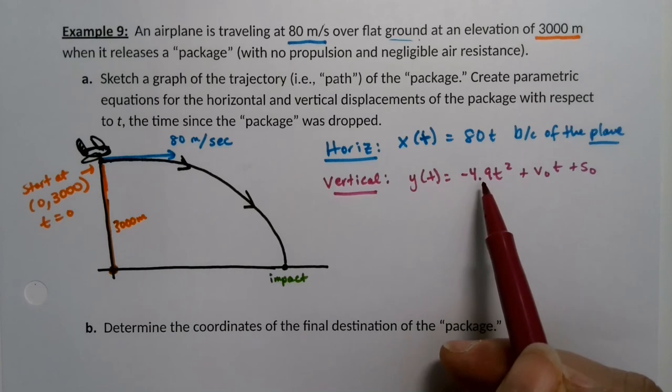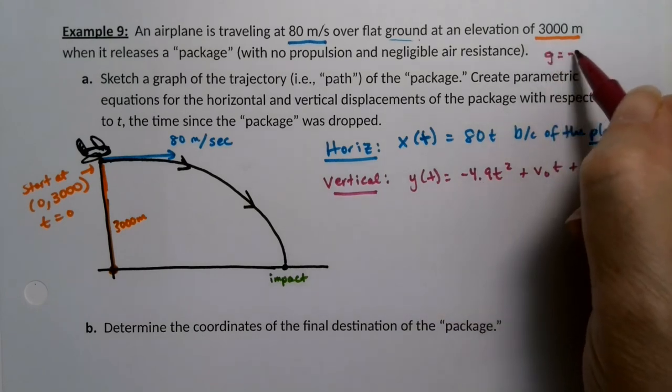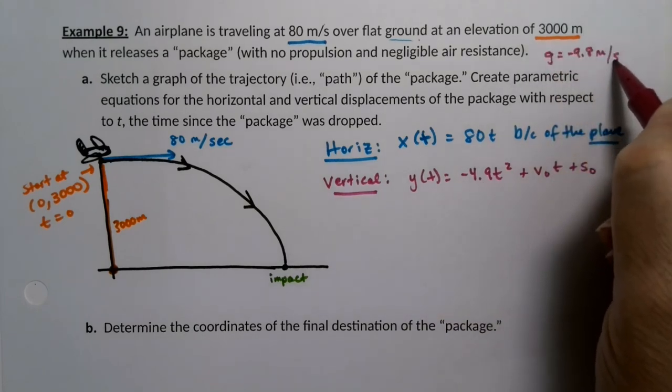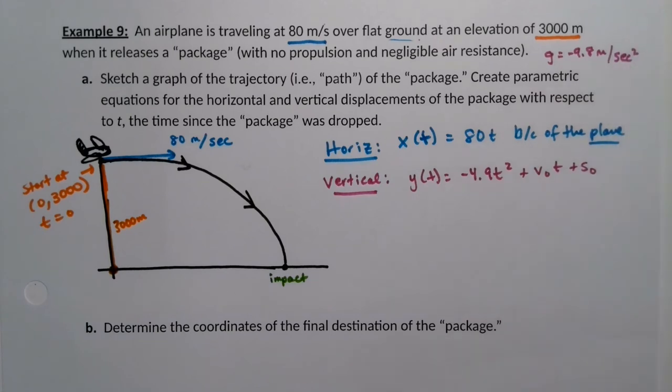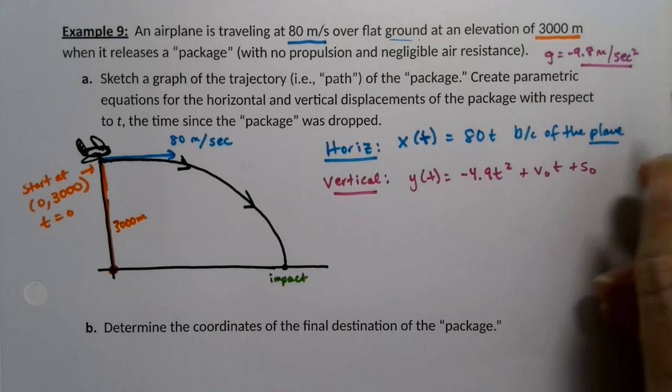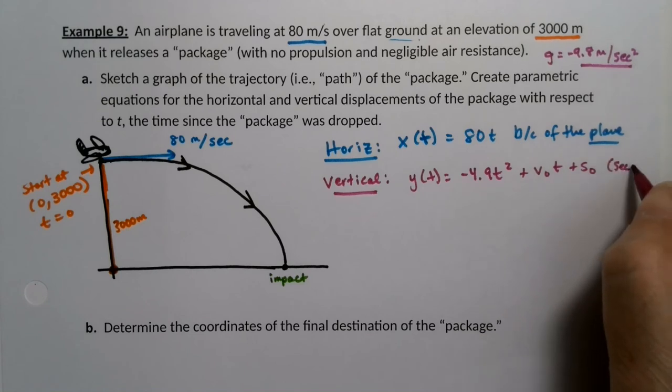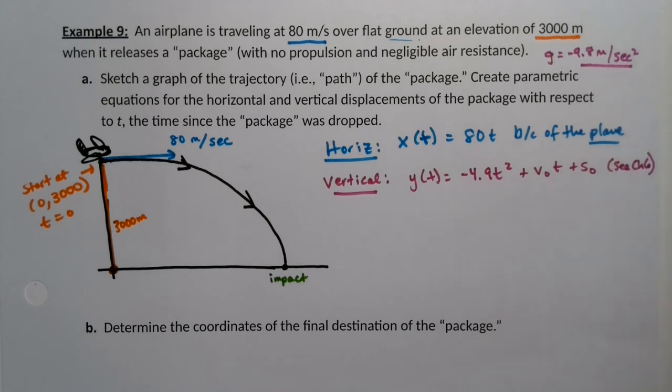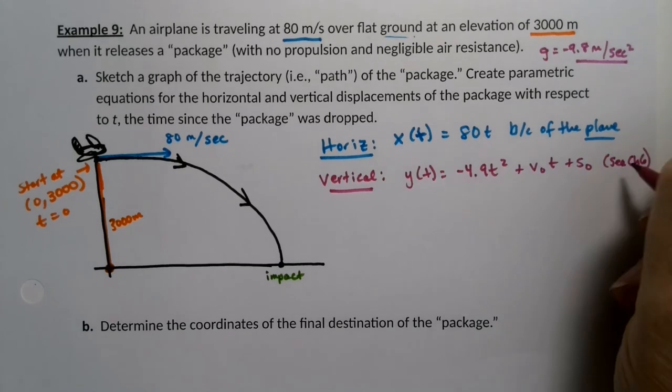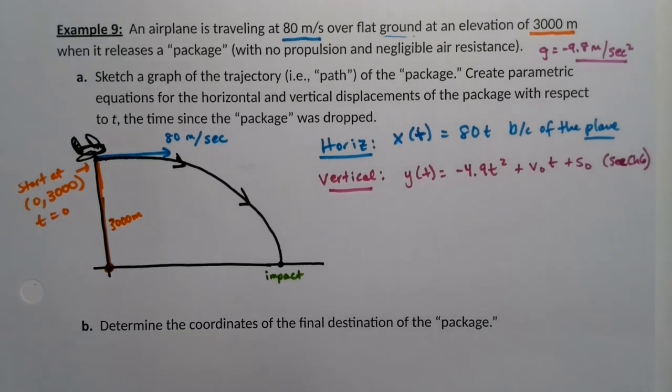The 4.9 comes because gravity is negative 9.8 meters per second squared. Now, if we were working with feet, it'd be negative 32 feet per second squared, but we were working with meters per second, so it's negative 9.8. So again, see chapter 6. Right, we already learned that a long time ago. That's C, S-E-E, not S-E-A.